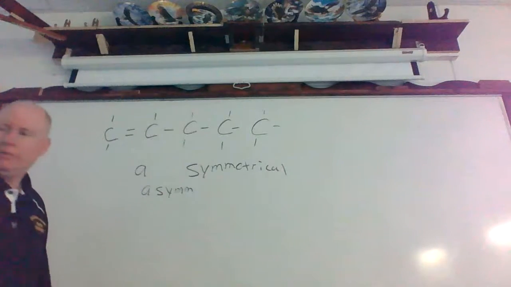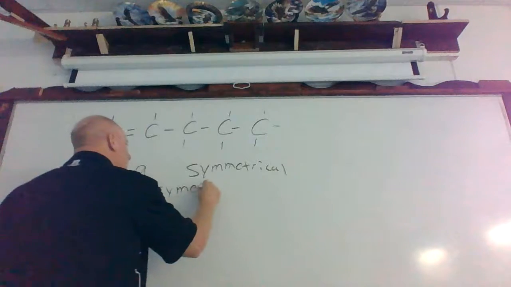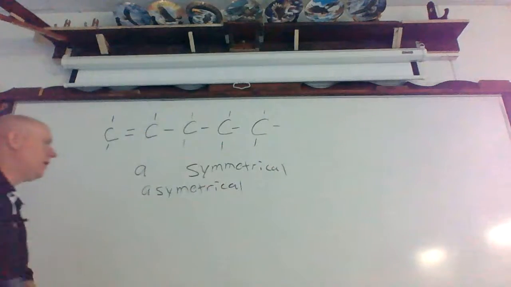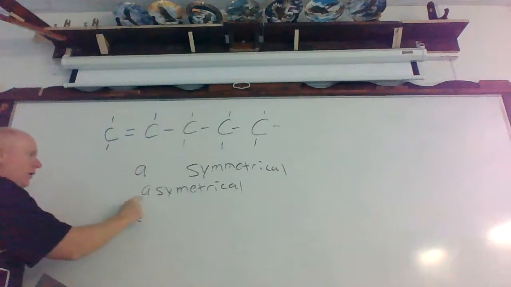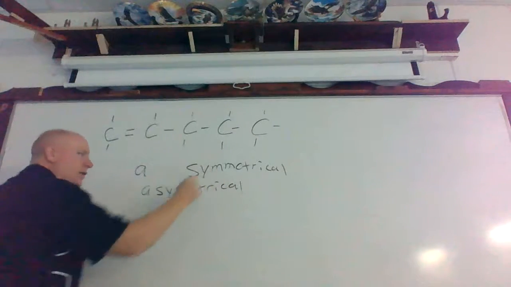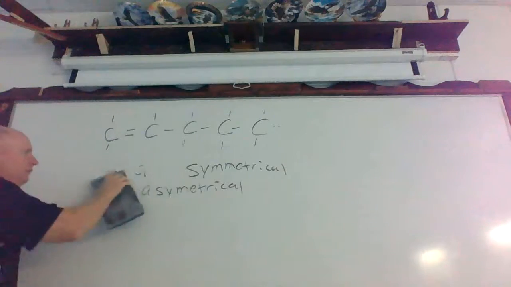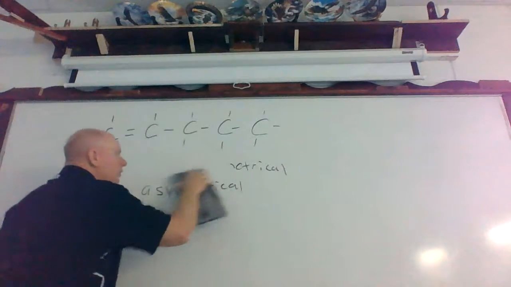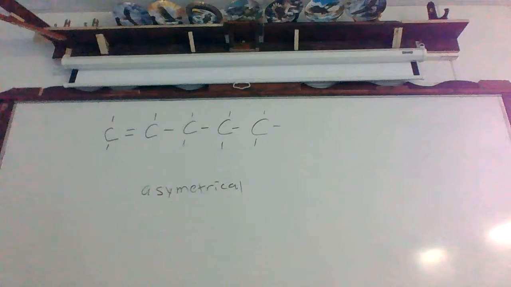I think there's only one M in symmetrical. My mistake. So that's why you have to be careful when you're talking about these. Is this the asymmetrical compound or the symmetrical type? It's asymmetrical, okay? So in case you're wondering why we always say it that way, that's why. It's the asymmetrical type, not the symmetrical type.